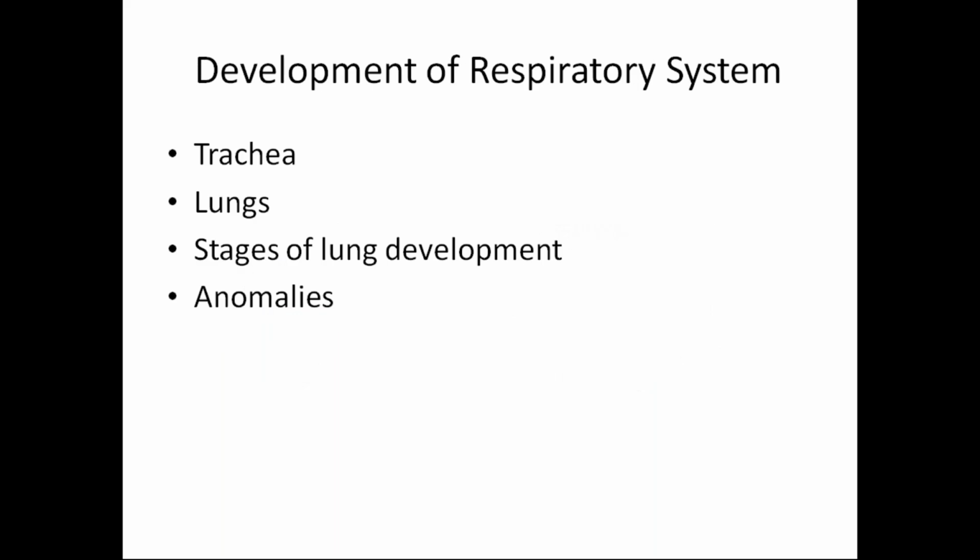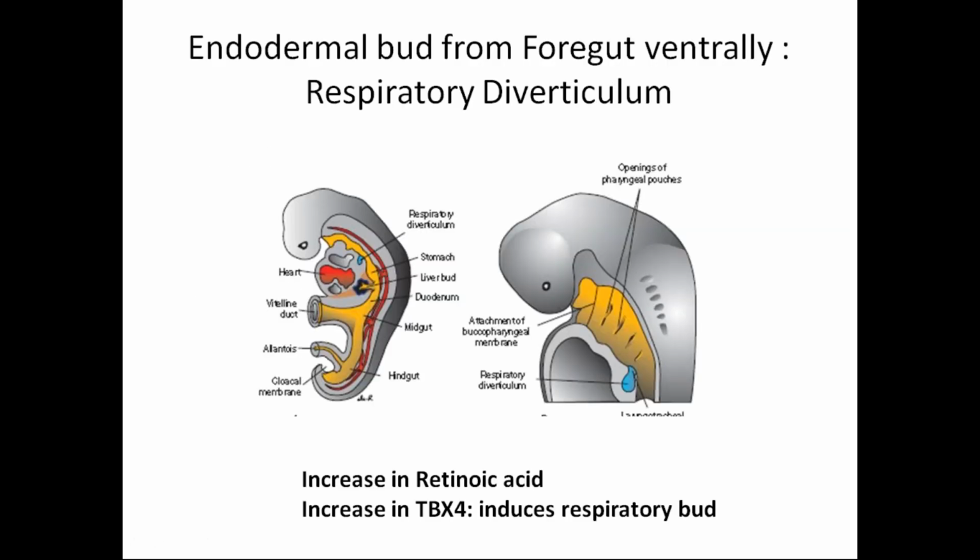So now with this, we'll begin with the development of the respiratory system. Let's see what I'll be doing: the trachea, the lungs, stages of lung development, and anomalies.